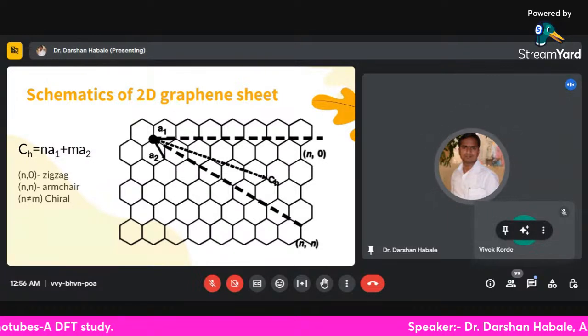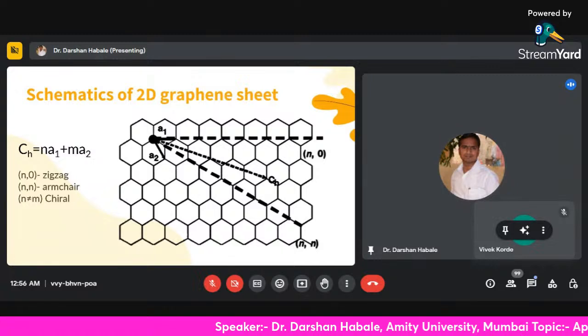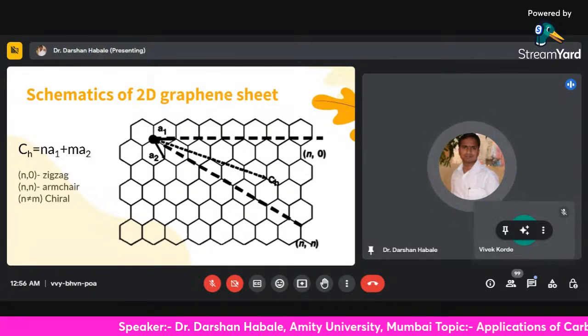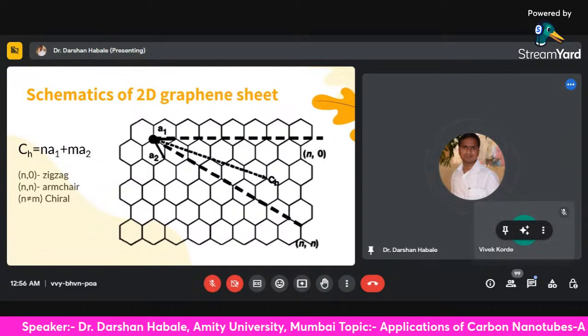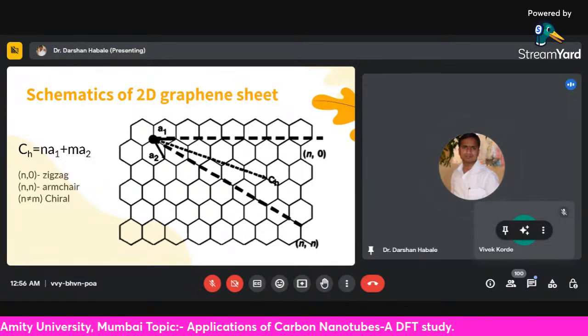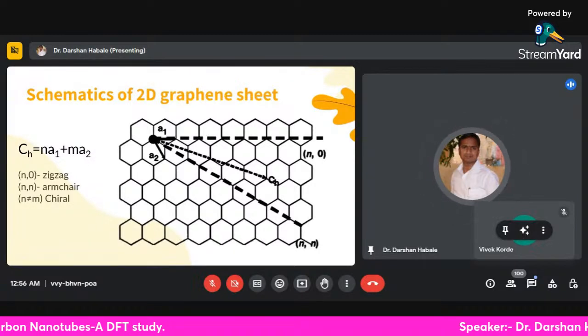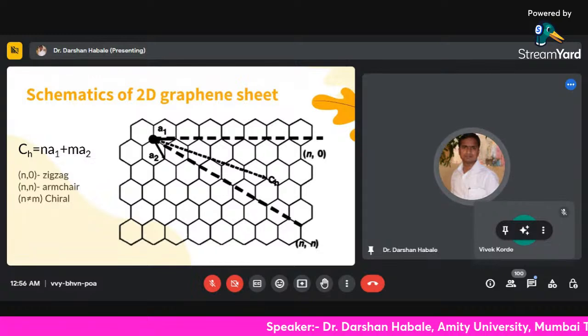Here it's mentioned that Ch is equal to na1 plus ma2. So a1 and a2 are the basis vectors, and n and m are the integers, which form the different types of carbon nanotubes.